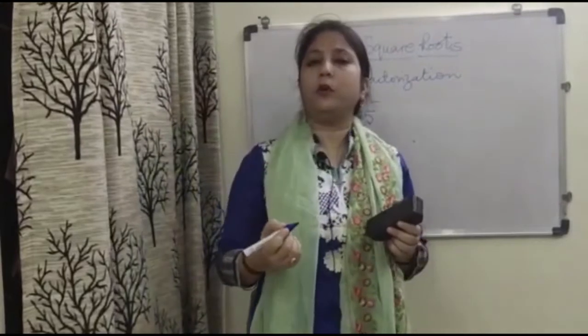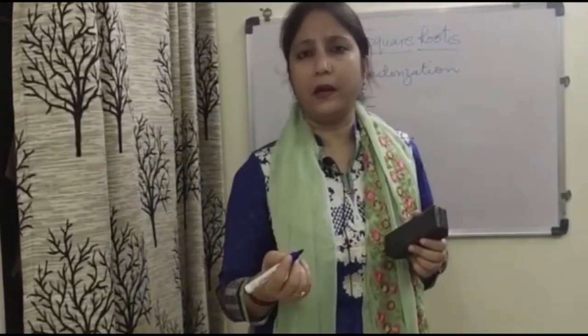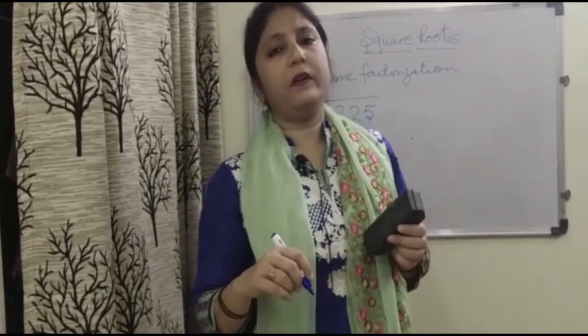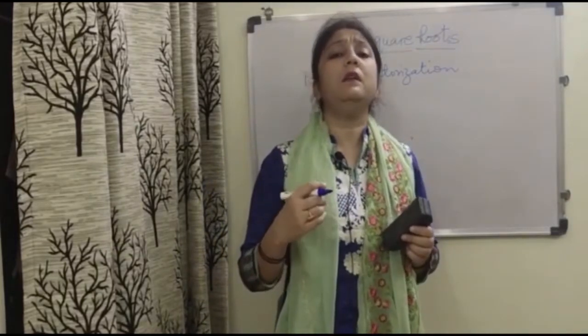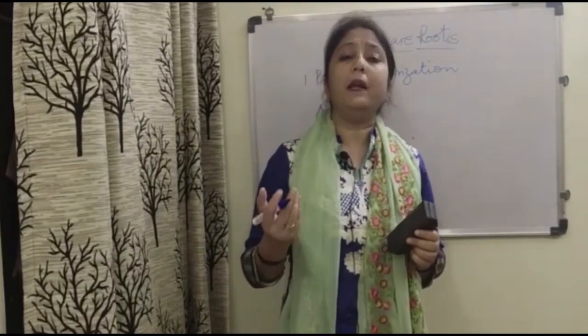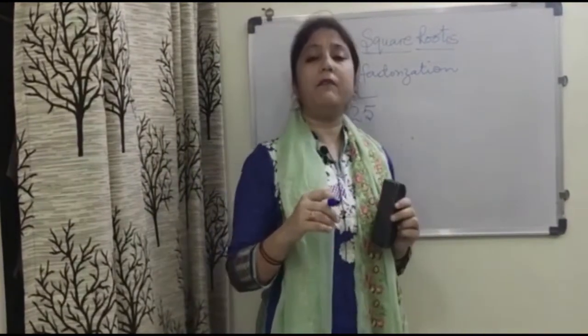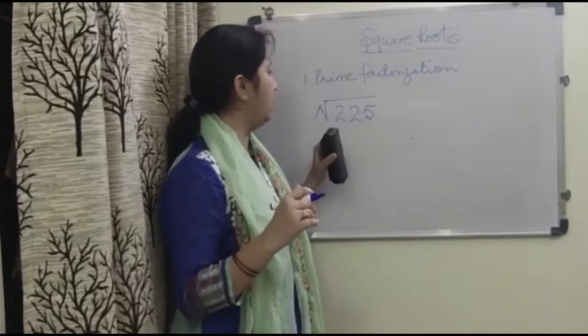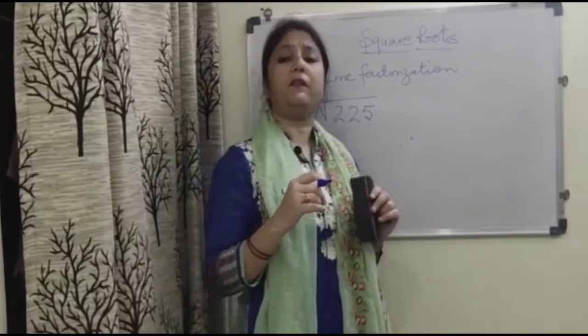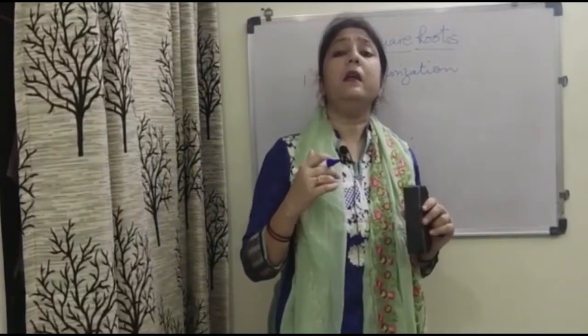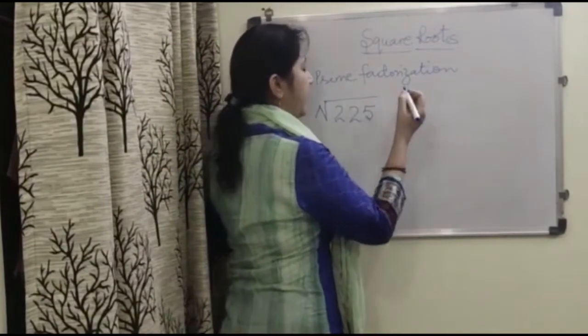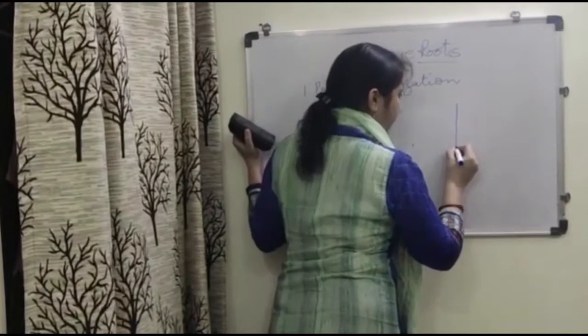The method will be told to you, whether we require the prime factorization method or we need you to solve by the long division method. As we are going to solve by the prime factorization method, we will calculate the square root of 225 by prime factorization. So as per the name, you need to do prime factorization.